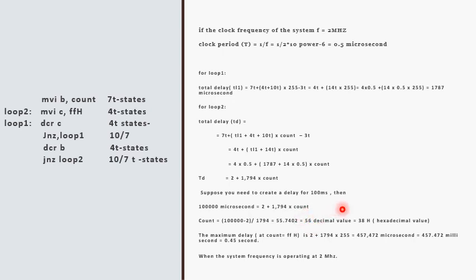The hexa equivalent of 56 decimal is 38H. If you put a count value of 38H over here, then this program is going to make a delay of 100 milliseconds. So the maximum delay at a count of FFH is 0.45 seconds for the system frequency of 2 megahertz.